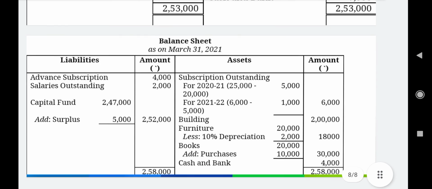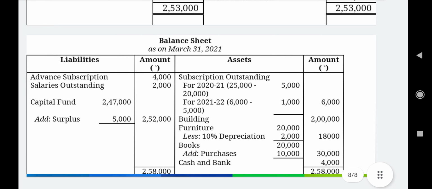Now the balance sheet on 31st March: again your subscription, that is 25,000 minus 20,000, 5,000, and 6,000 minus 5,000, that is 1,000. Total 6,000 should be shown. Building 2 lakh, furniture less depreciation, books purchased added, then closing balance of cash and bank.